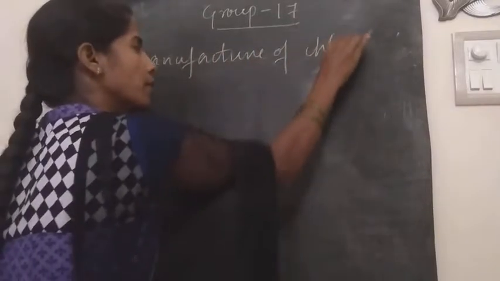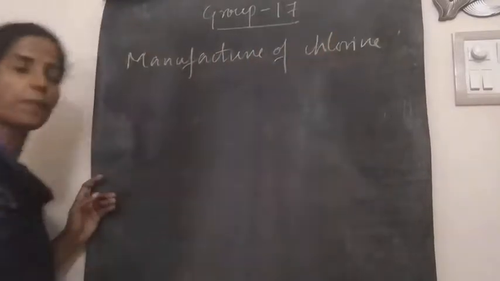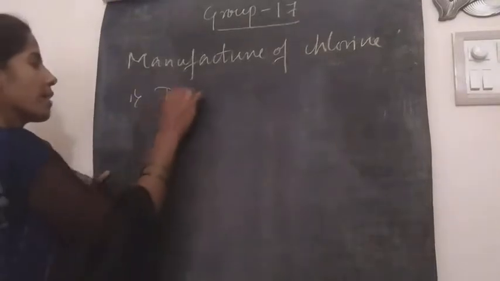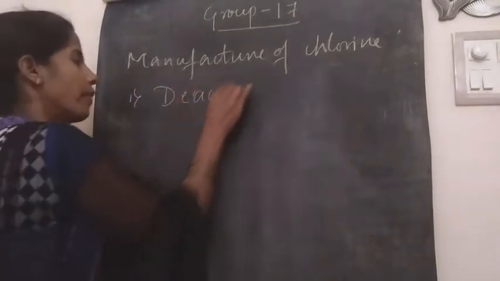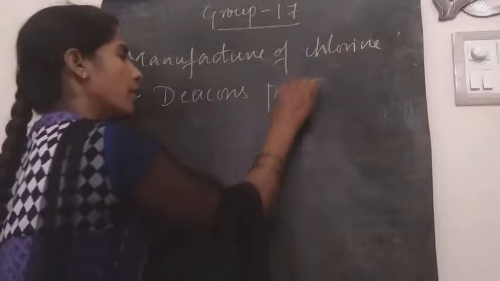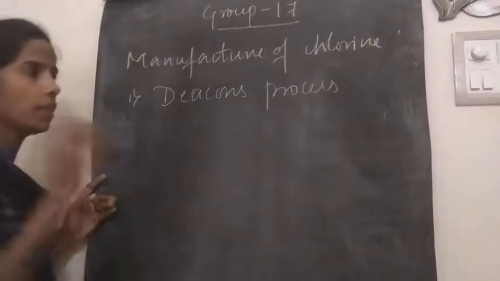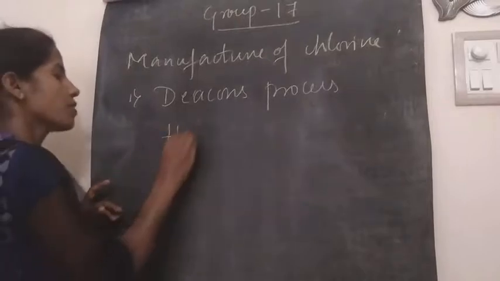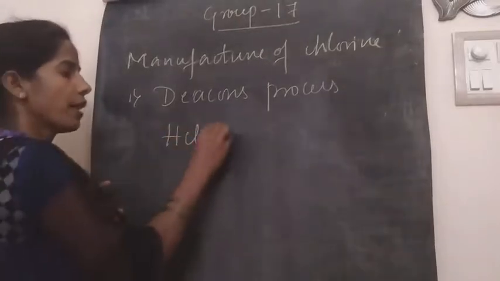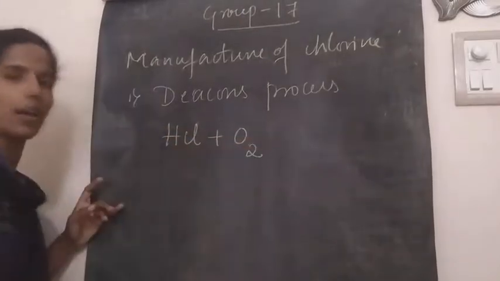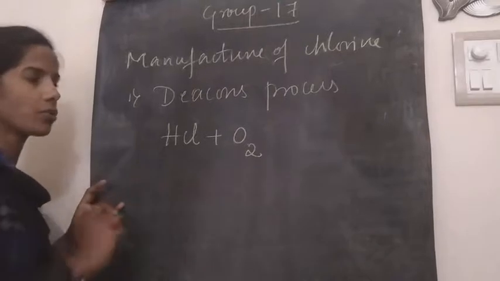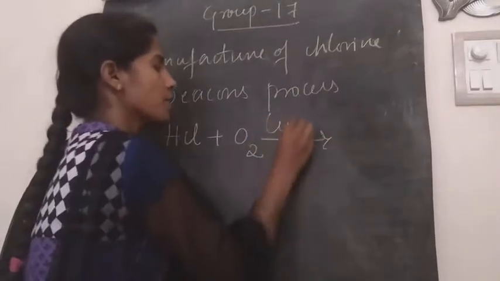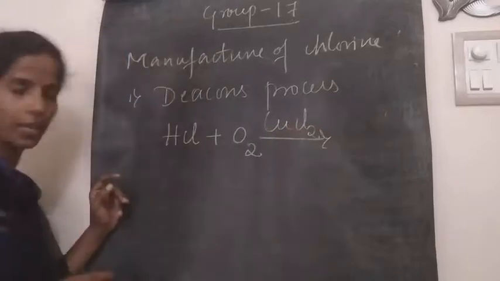In large scale, chlorine is prepared by two methods. The first is Deacon's process, very important. In Deacon's process, Cl2 gas is obtained by oxidation of hydrogen chloride in the presence of oxygen or air, with cuprous chloride as a catalyst.